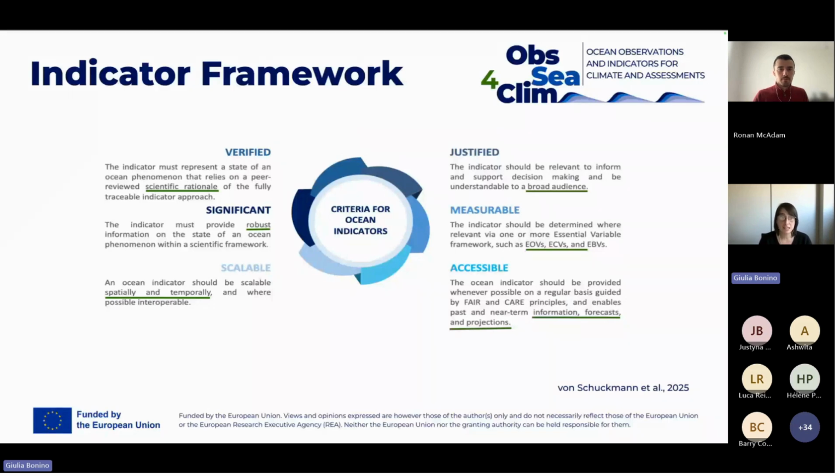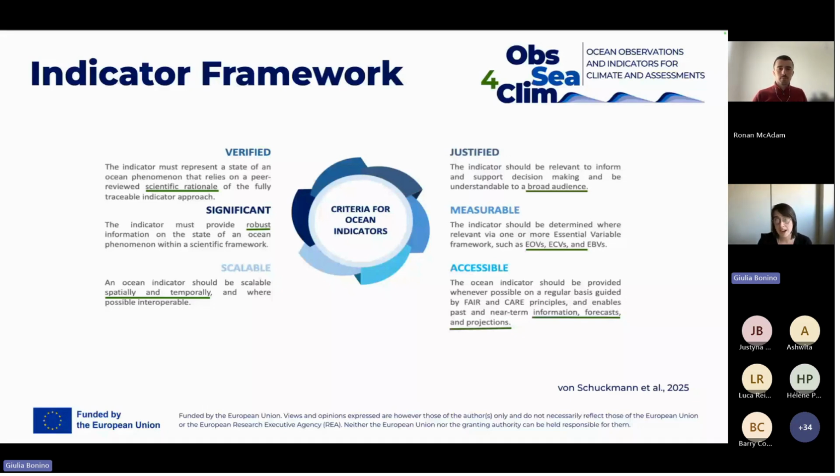It has to be significant, so it must provide robust information. It has to be scalable, meaning it can provide information for a global scale or a regional scale, and it can also scale in time, so it can be a daily indicator or a monthly indicator.